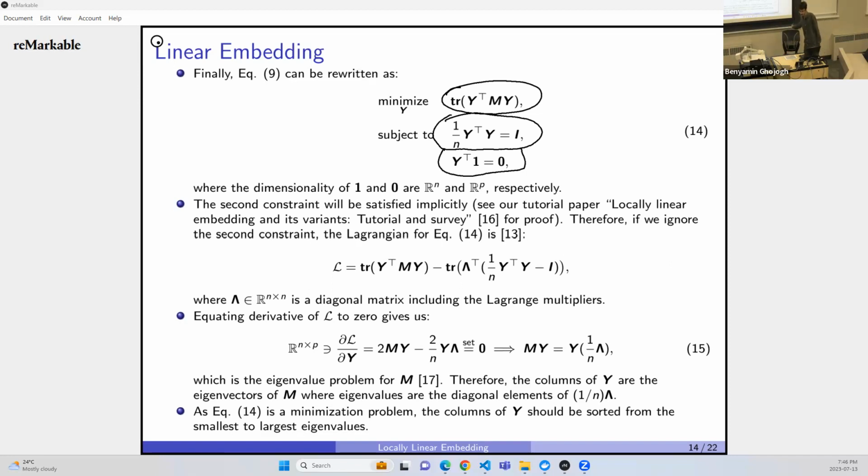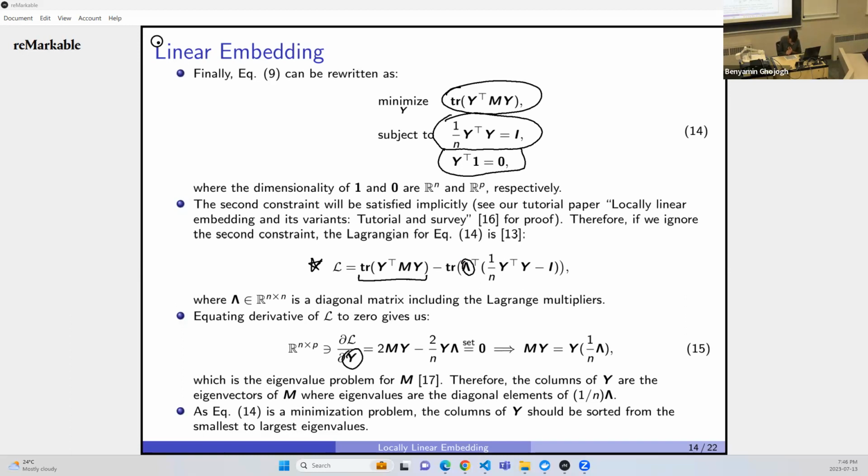I wrote it in matrix form. Now, let's solve it. What do we do? Lagrangian, take derivative, set it to 0. This is the Lagrangian, and lambda here is the eigenvalues. Then take derivative with respect to Y, which is the primal optimization variable.